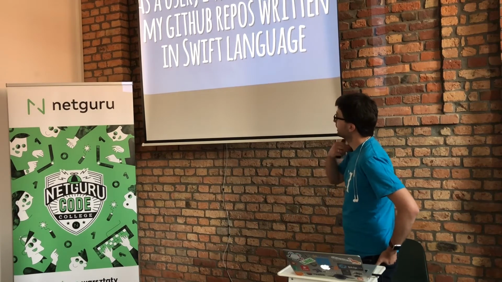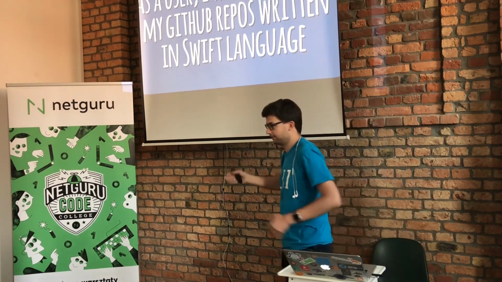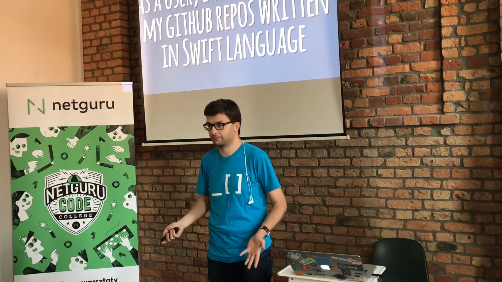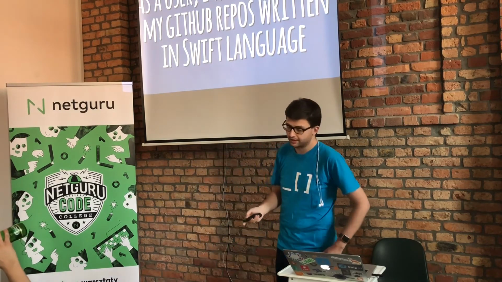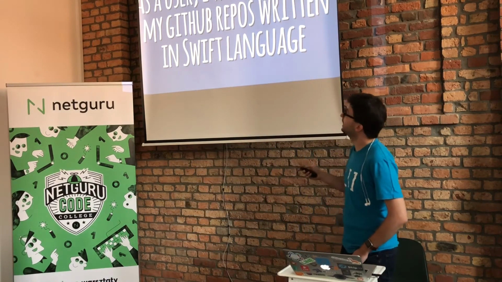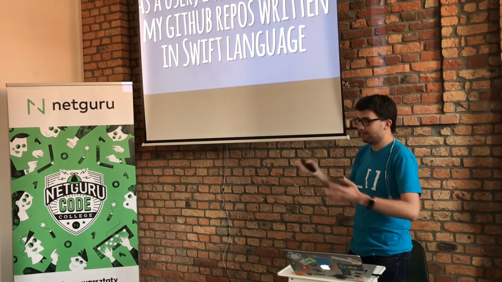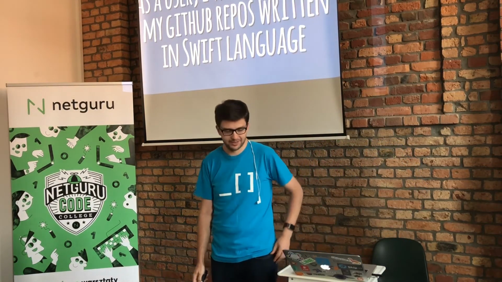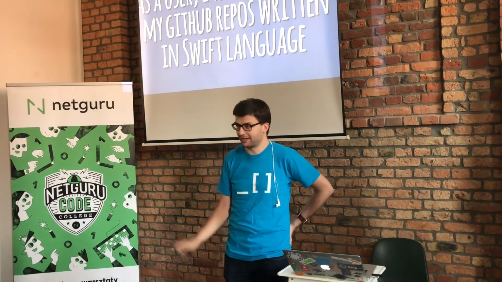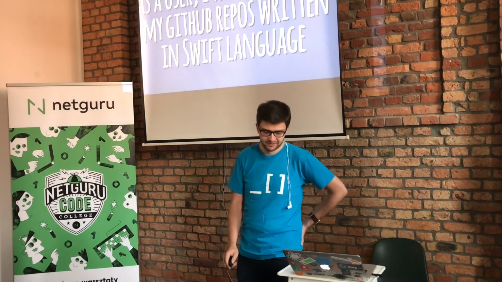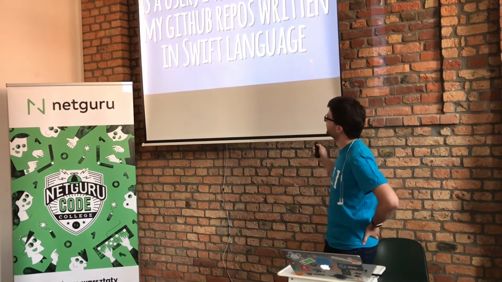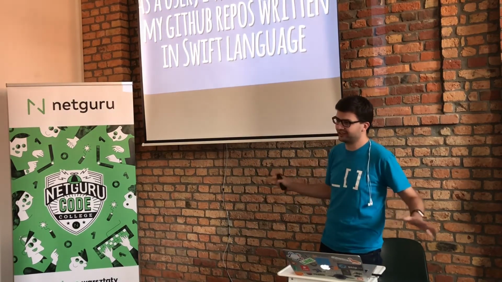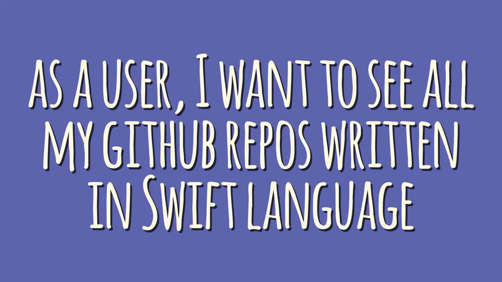So imagine you've got this feature request, this user story, to implement. There is an app. The app is a GitHub client. Of course, in the GitHub client, we are at the programming meetup. Great Microsoft service, really. So you want to give the user the ability to see all those repos written in the Swift language.